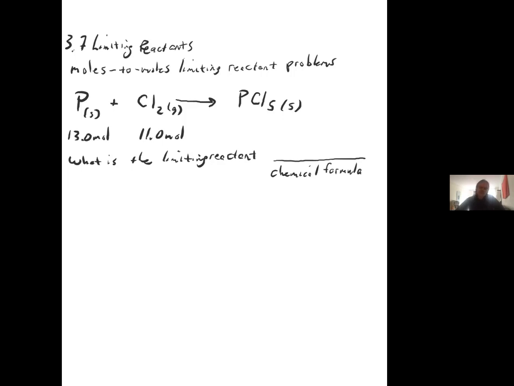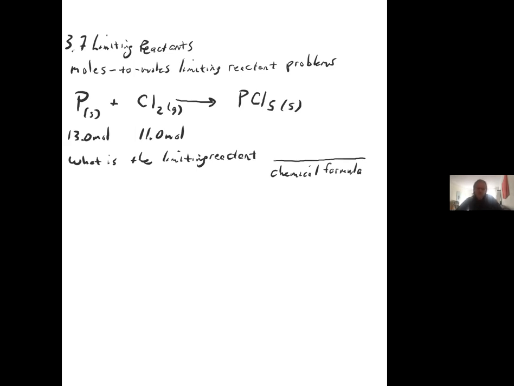What's different about the limiting reactant problem compared to the one we just did, 3.6, is we're given the amounts of both reactants, not just one of them. So we now have to take both of them into account. And it may not be intuitive to see how that works, but I'll show you the whole idea.